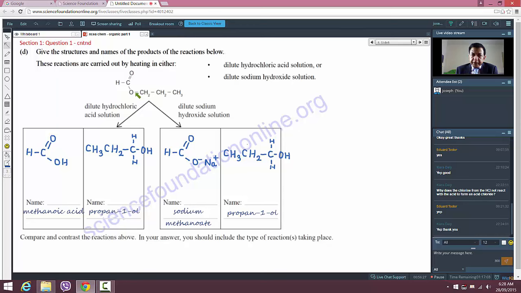However, the difference is that under acid conditions, free methanoic acid gets produced, while under alkaline conditions, the salt of the acid is the result. So in as far as the alcohol is concerned, you get the same product. But under acid conditions, you get the free acid. Under alkaline conditions, you get the salt of the acid.